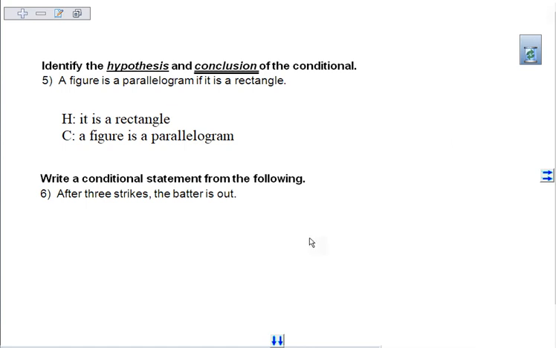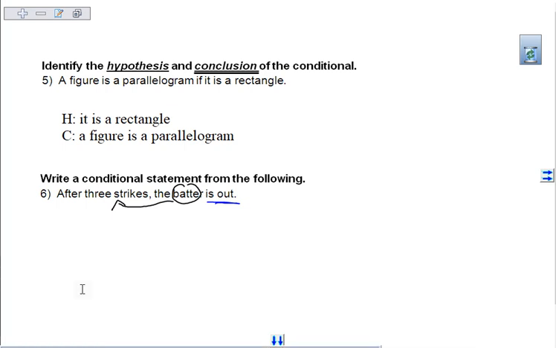Next up, we want to write a conditional statement from the following. After 3 strikes, the batter is out. So what is our noun here? Our noun is the batter. So that has to be part of our hypothesis. And what is the batter doing? It's making 3 strikes. So that's going to be our hypothesis. And our conclusion is that he's out.